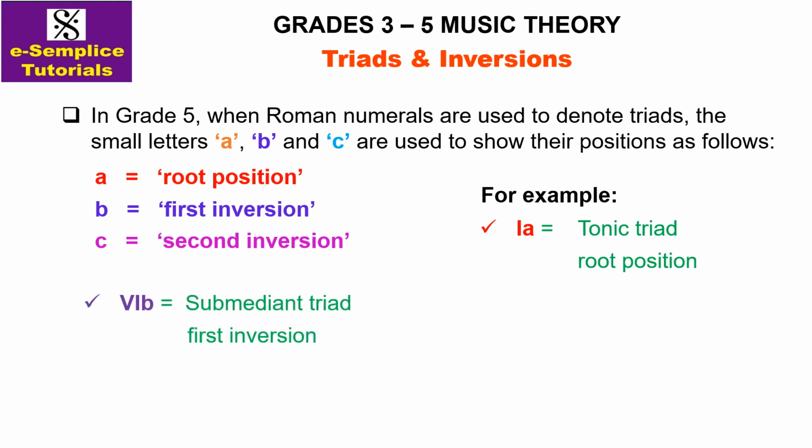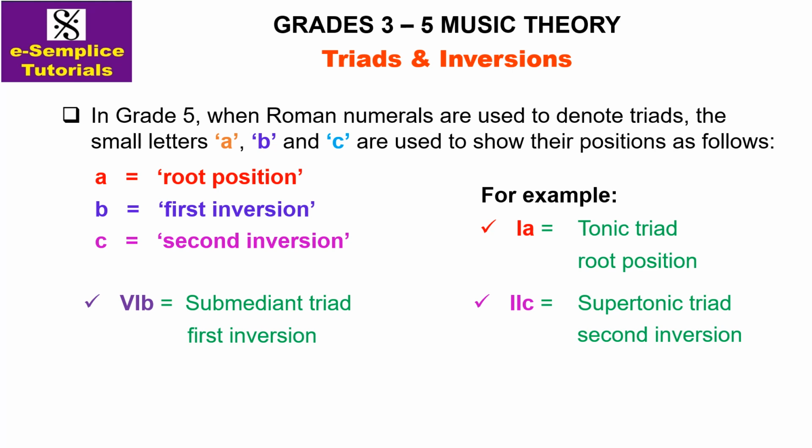Now this is 6B, Roman numeral 6B. The 6 means it is submediant triad, while the small letter B tells that it is first inversion.